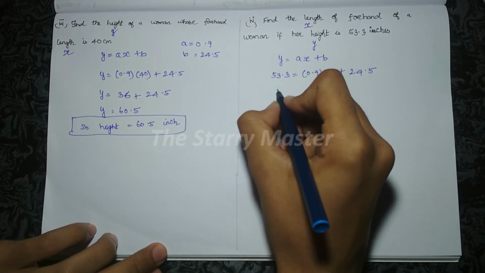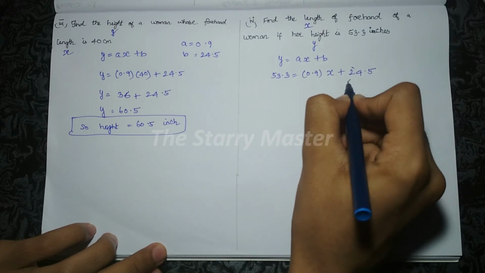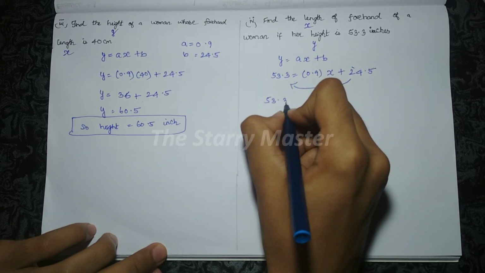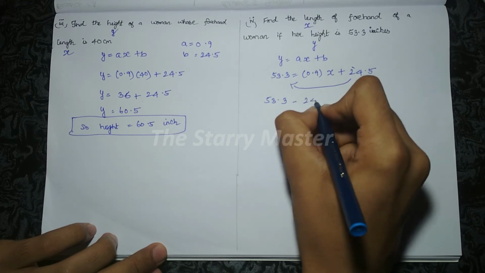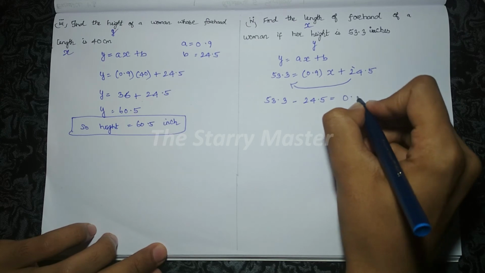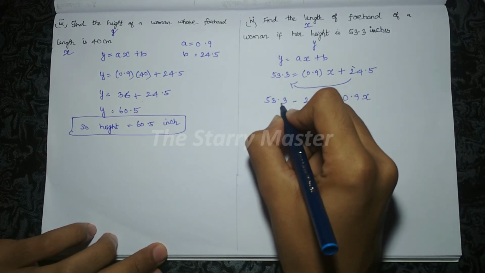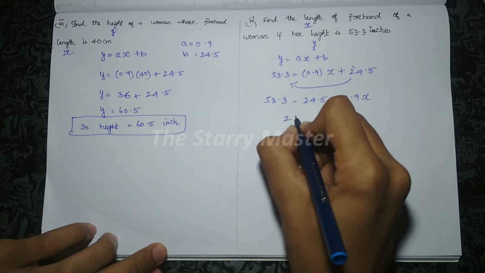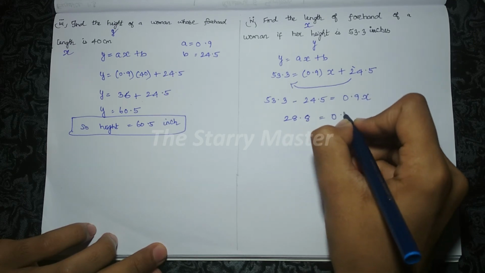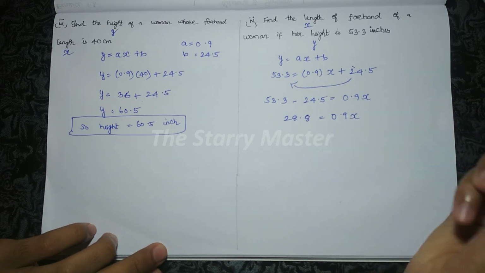So we take this value to this side: 53.3 minus 24.5 equal to 0.9x. So 28.8 equal to 0.9x.